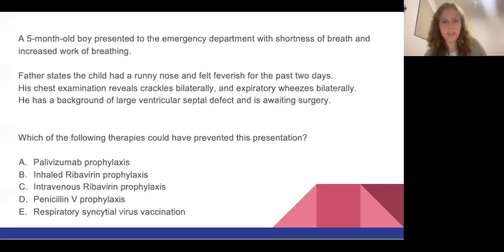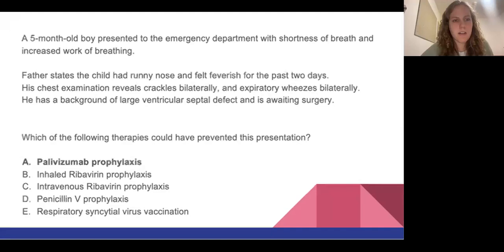Thank you, Dr. Anka. I hope I'm saying that okay. Yes, it is palivizumab. I'm sorry, I'm terrible at saying them. Does anyone know why? It's okay if you don't.